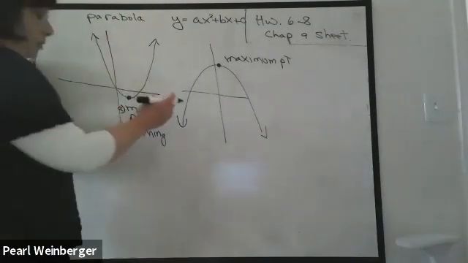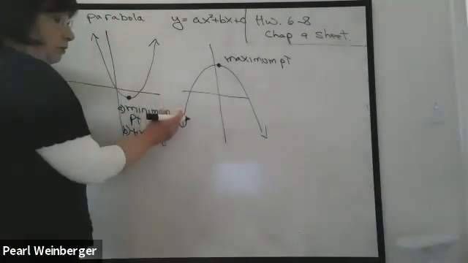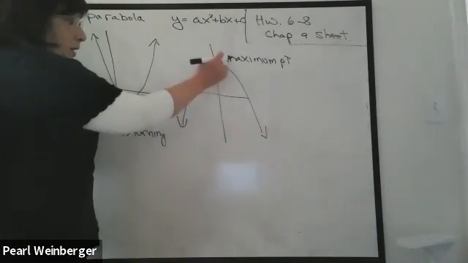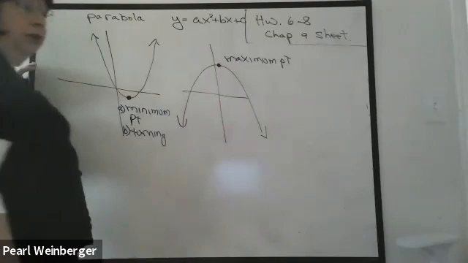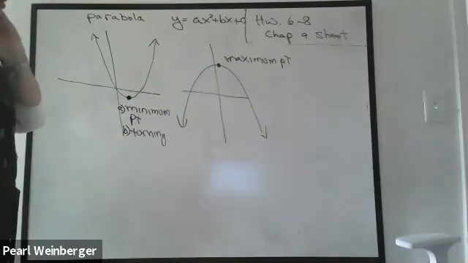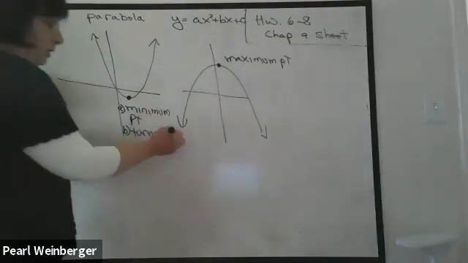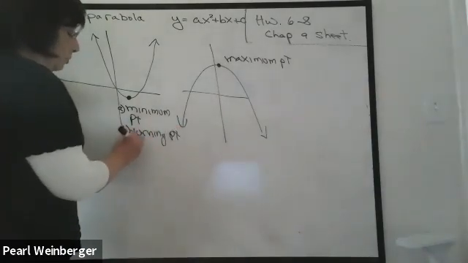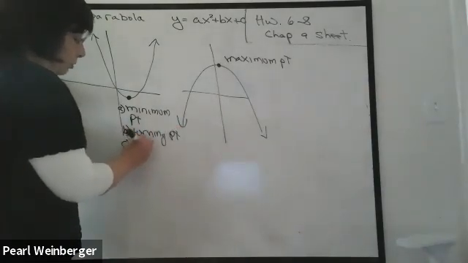Whereas over here, if we're coming from the left, we're going up, up, up, we get to this point, suddenly we're going down. So this is also called a turning point. And it's also probably the term that I'm going to use the most, called the vertex.